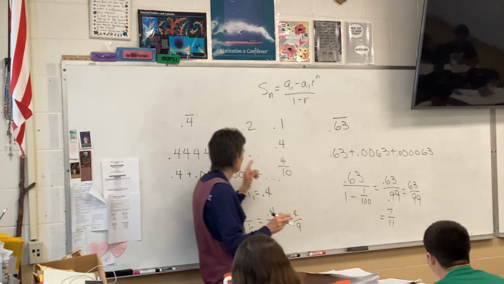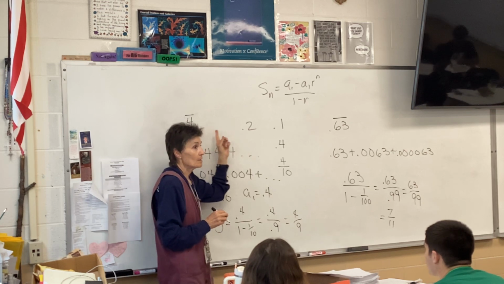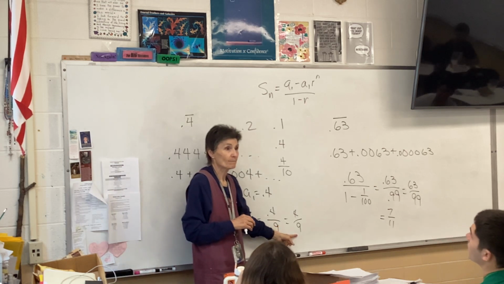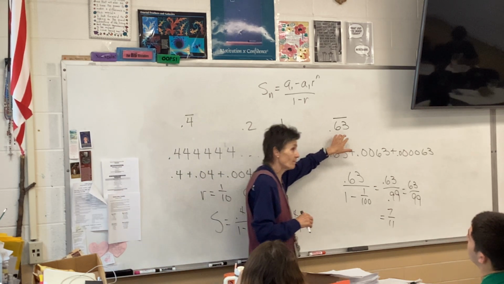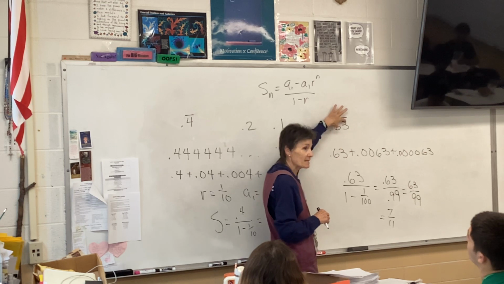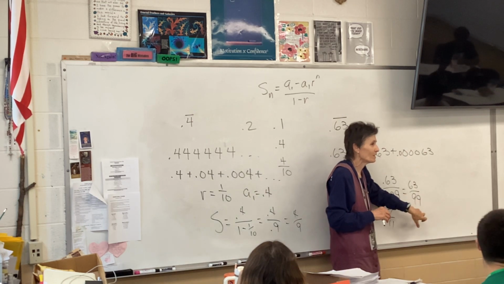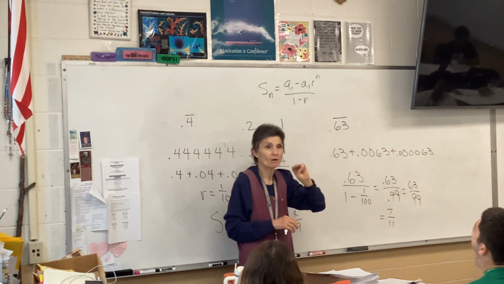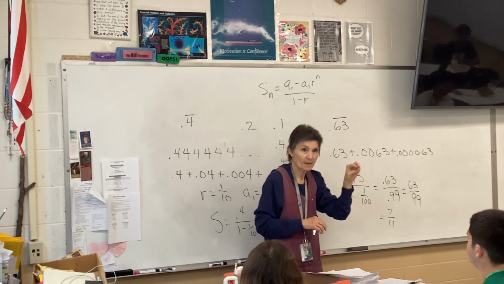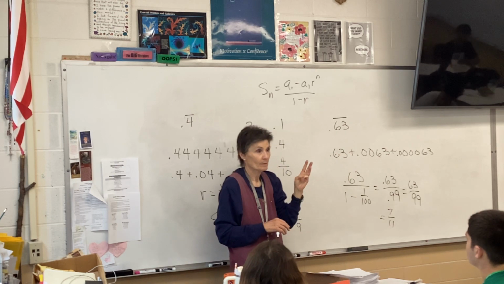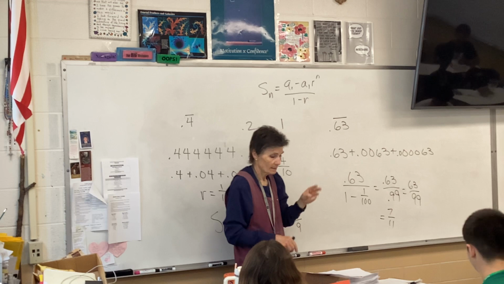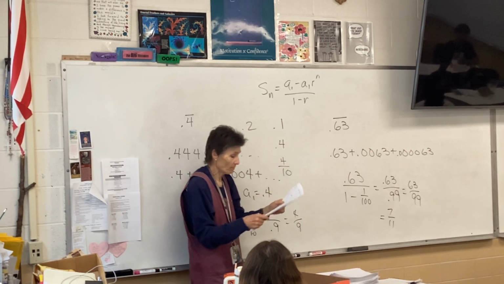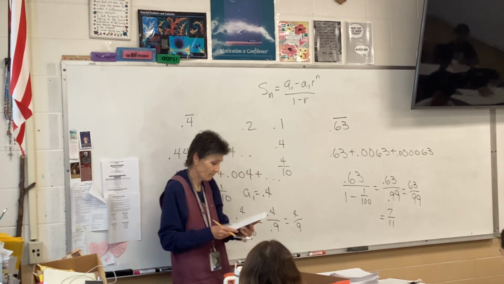When there was 1 decimal place repeating, you put that digit, in this case 4, over 9. When there's 2 of them repeating, you put that number, 63, over 99. If there were 3 of them repeating, it would be over 999, and so on. Okay? Now, when things get crazy is with problem C, and I think I'll save that one.